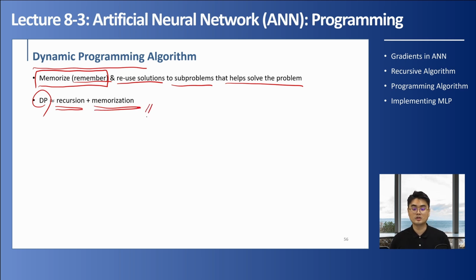And the good news is that we can use dynamic programming when we're training our MLP or neural networks. Because we are calculating the gradients again and again, we need to use the same information again and again, which is repeated. And if we put this gradient information in some memory, we are going to be able to do the backpropagation step and update our weights and biases very effectively.